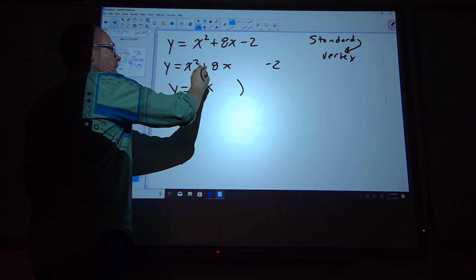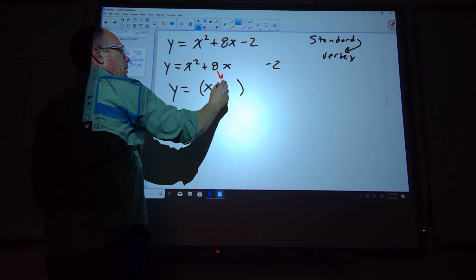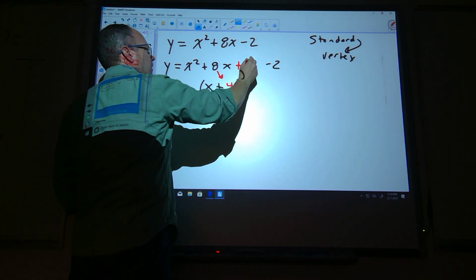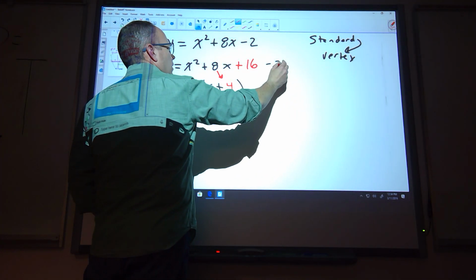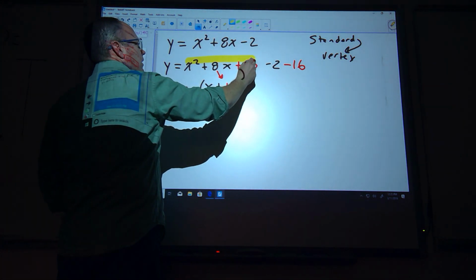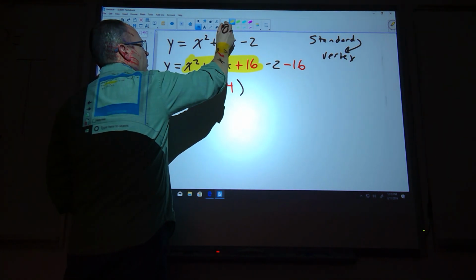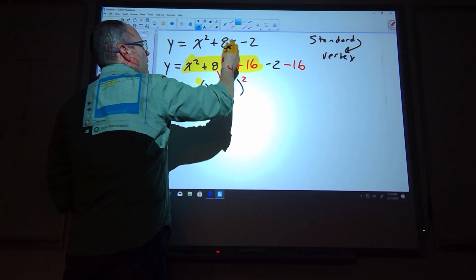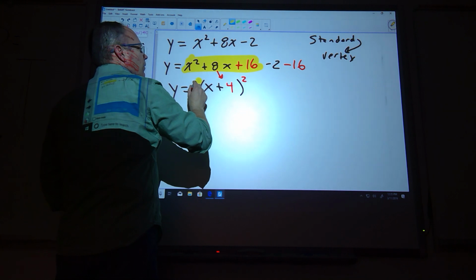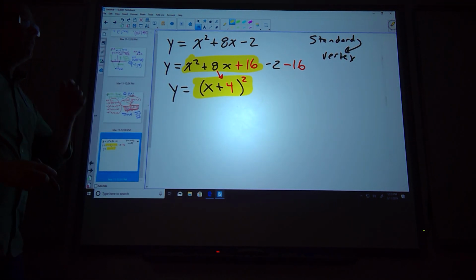So it's x. This sign here is always going to come down. So what is half of 8? 4. What is 4 squared? 16. If I add 16, I also subtract 16. So this right here is a perfect square trinomial, which means, oops, I forgot one thing here. That should be squared. So if I were to multiply this out, if I FOILed this out or double distribute, I get above in the yellow.